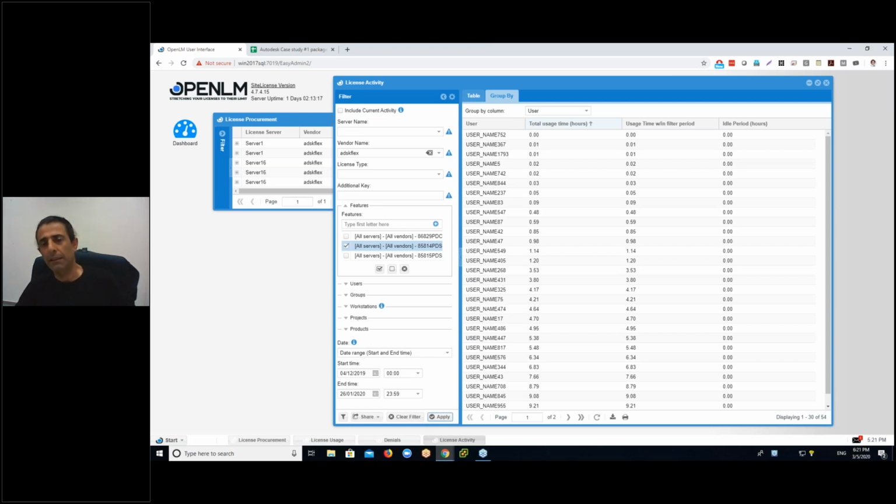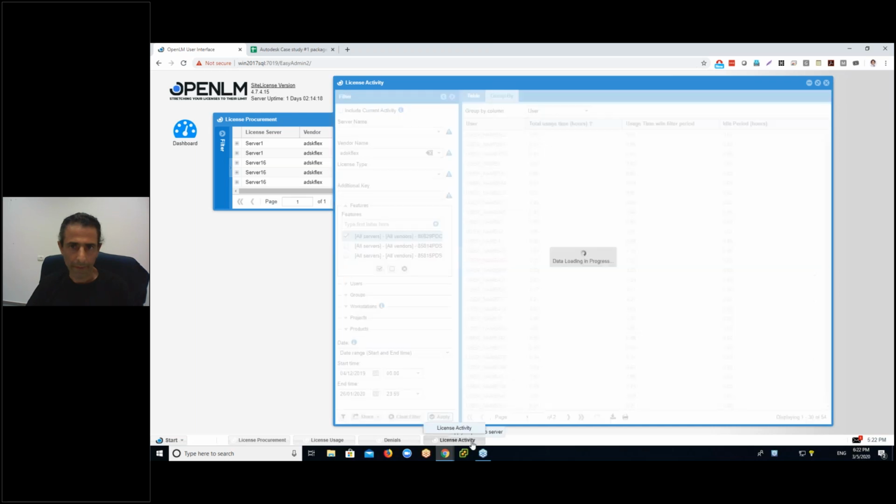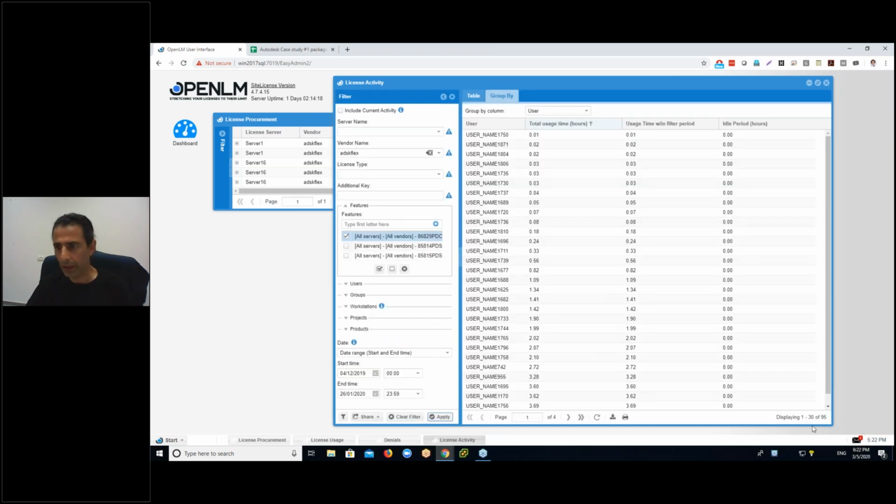If I had a year's worth of data, it might be more accurate, but that's what I have, that's what I'm using. Here I have 54 users, and here I'm looking at 95 users.